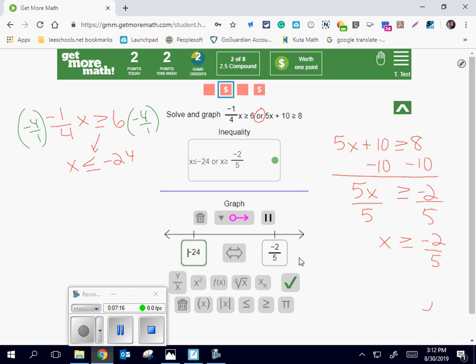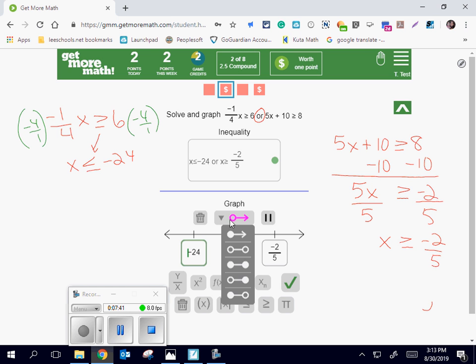It was right. The second part, they want us to graph it. Notice again, it puts in my numbers already. Double check that those are correct. Make sure the smaller one is on this side and the bigger one is over here. So for negative 24, I want x to be less, so I want less than or equal to.